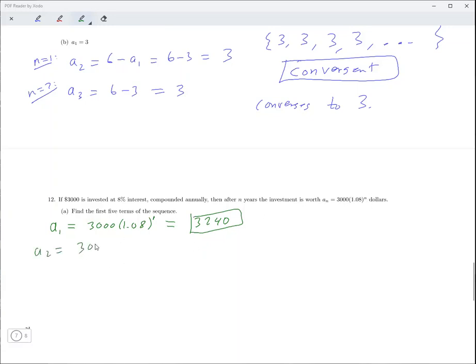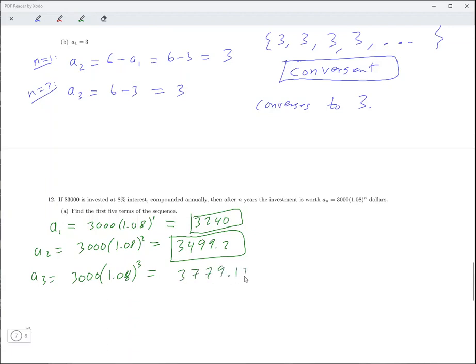A2, just put a 2 there. $3,499.20. The next one is 3,000 times 1.08 to the third power. 3,779.136, but you round it off to the nearest cent.